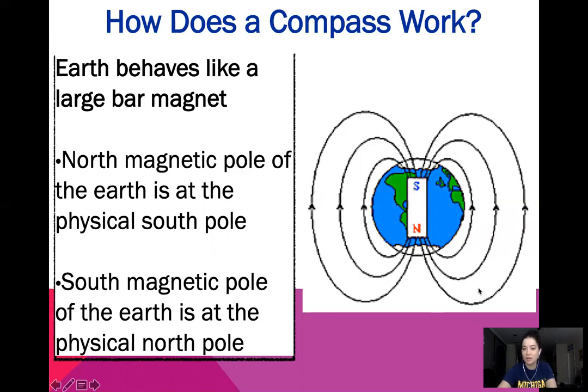So this is Earth, right? Here is North America, Dallas, we're probably somewhere right around there. So the North Pole, our idea of north, is magnetically south. And then the South Pole of the Earth is magnetically a North Pole.